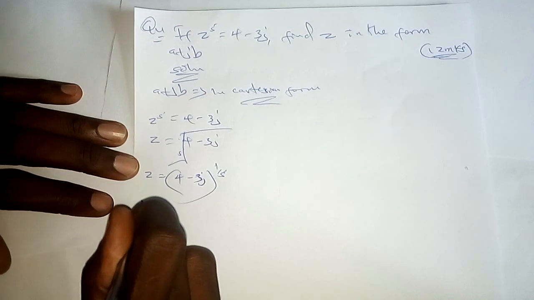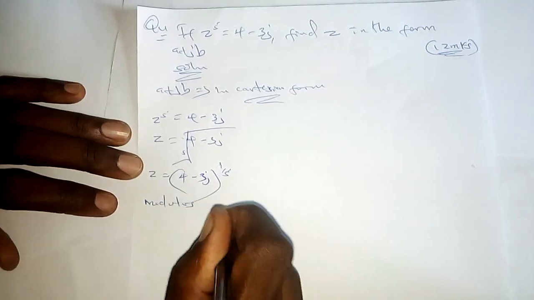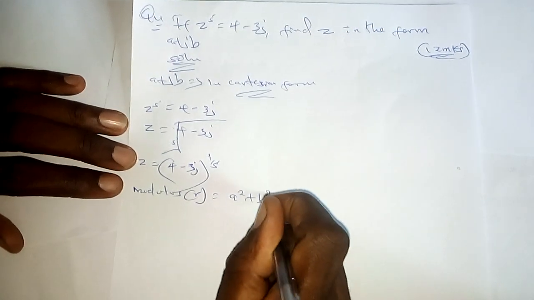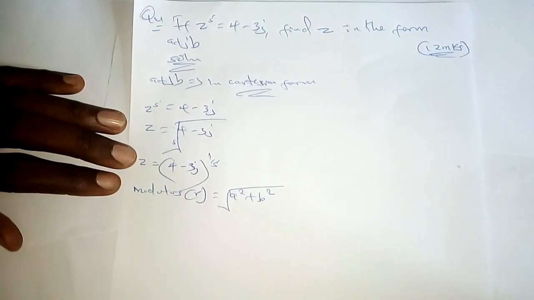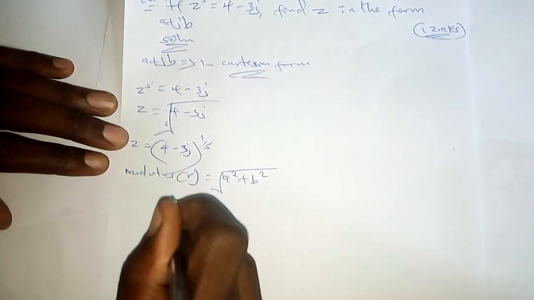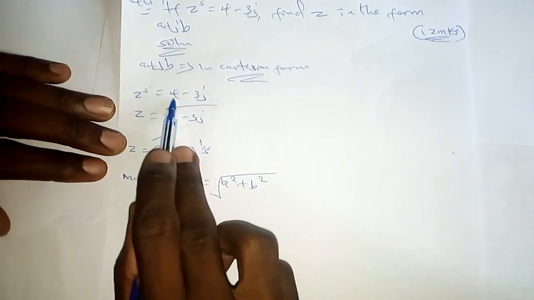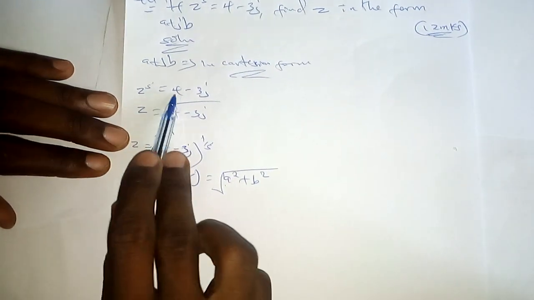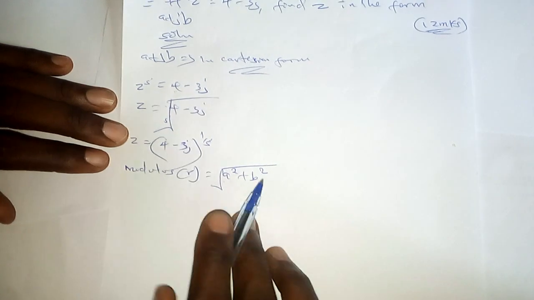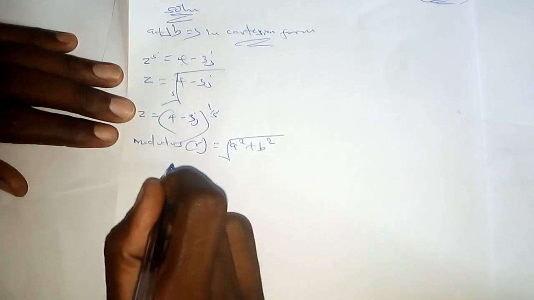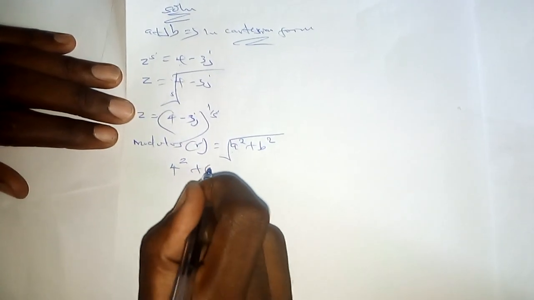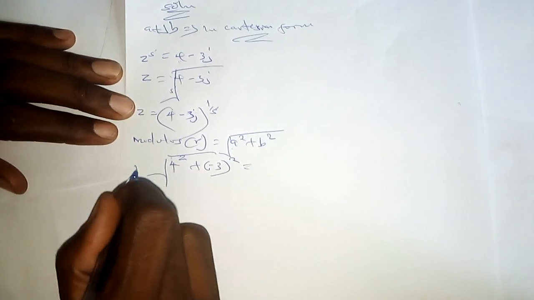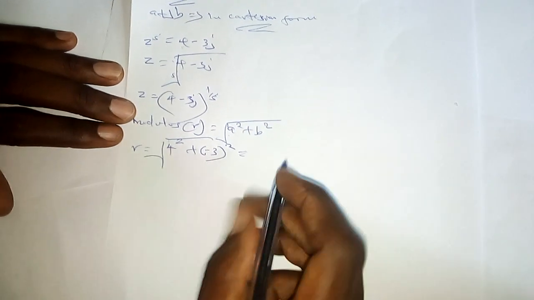We determine the modulus, abbreviated as r, which is the square root of a squared plus b squared, where a is the real part and b is the imaginary part. So we have the square root of 4 squared plus negative 3 squared, which gives a modulus of 5.